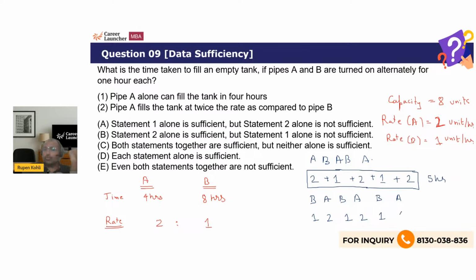And to do 1 unit, it will require half an hour because it can do a 2 units job in 1 hour. So it will be 5.5 hours, 5 hours 30 minutes. So still we cannot answer even after combining, right?